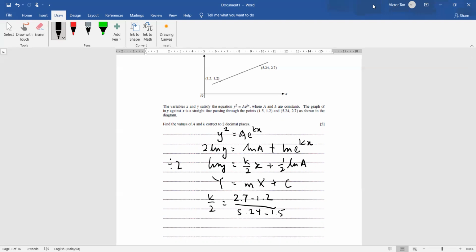Let's get the calculator. 2.7 minus 1.2, divided by 5.24 minus 1.5, divided by 2.